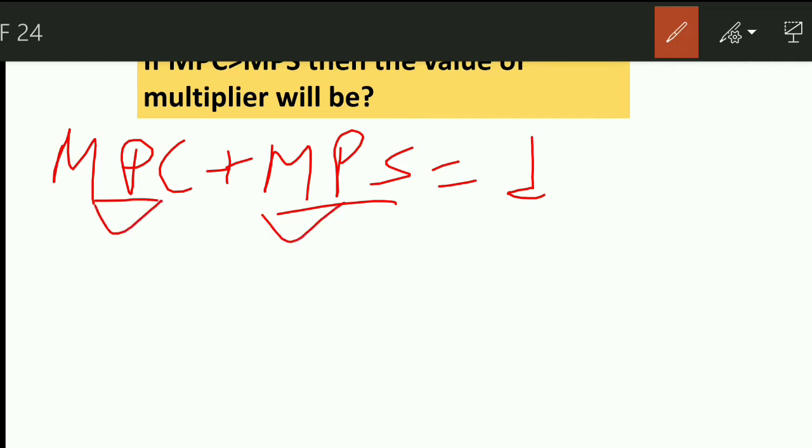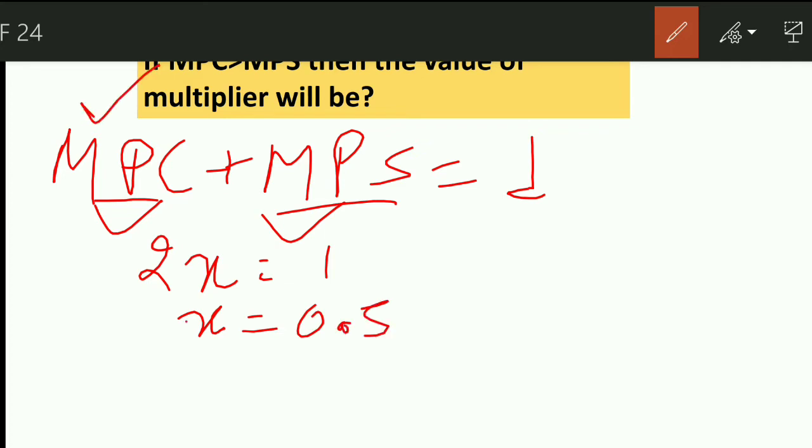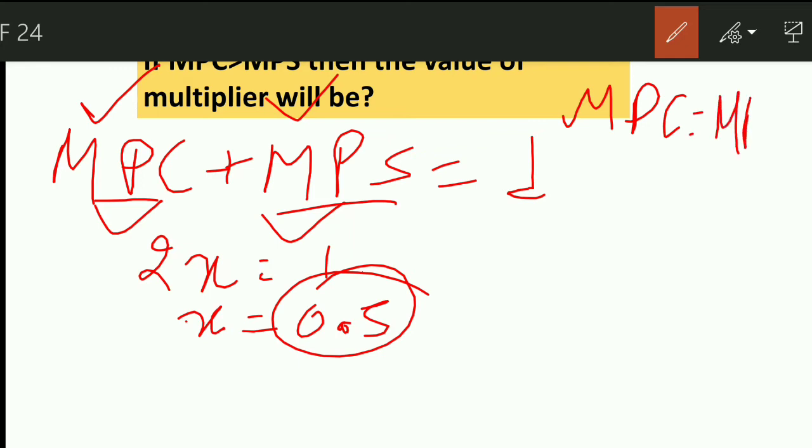If MPC as well as MPS are equal, both equal to x, we can write it as 2x is equal to 1. It means x is equal to 0.5. So the value of MPC as well as MPS is 0.5, because here we assume that MPC is equal to MPS is equal to x.